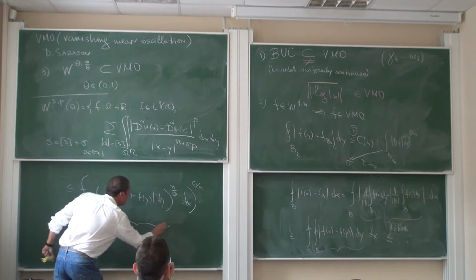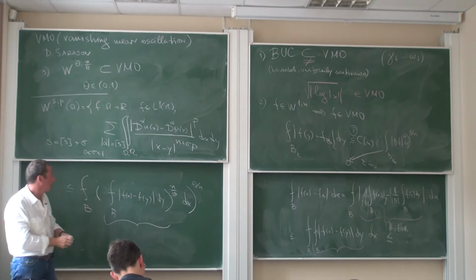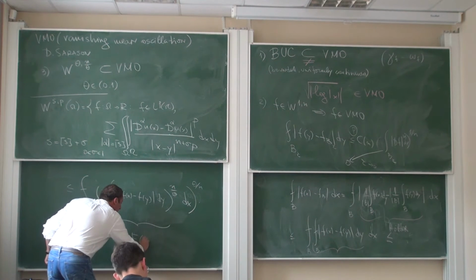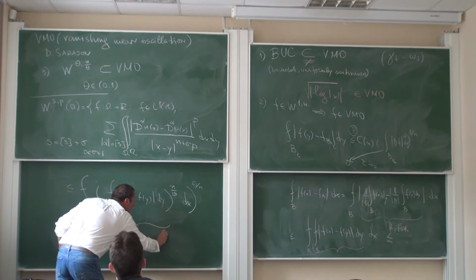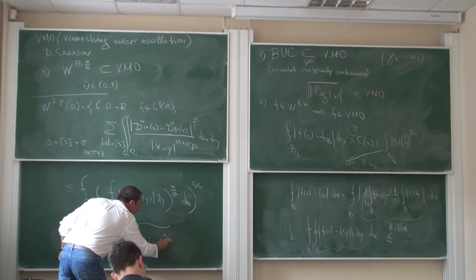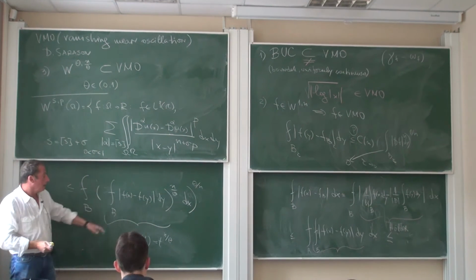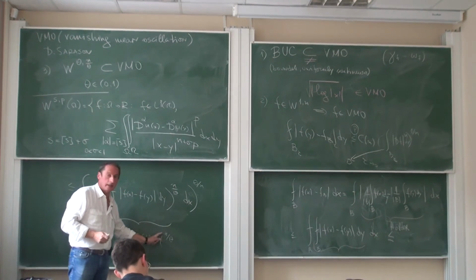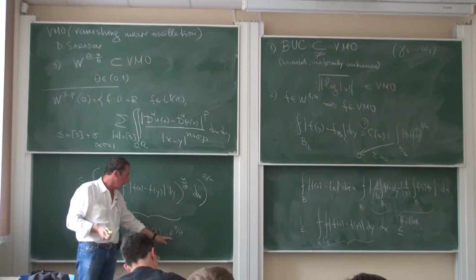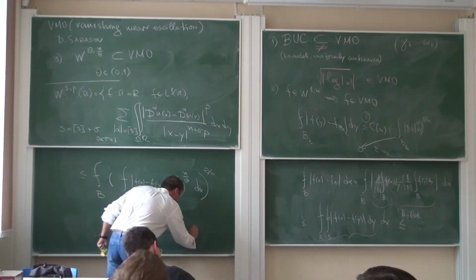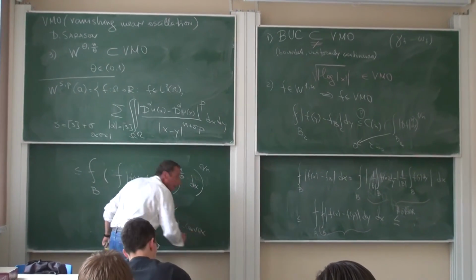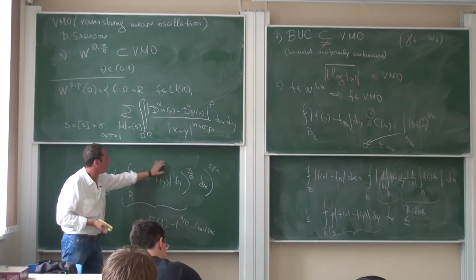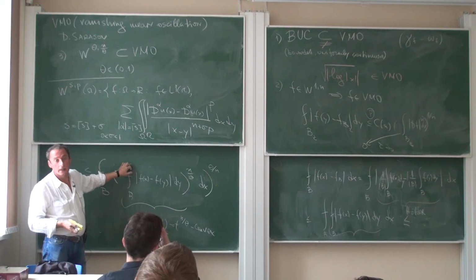Now let us see this term here and consider this function F capital of t, which is t to the power n over theta. N is greater than or equal to 1, theta is less than 1, so this exponent is greater than 1. It means that this is a convex function. So I have this convex function applied to this mean integral.